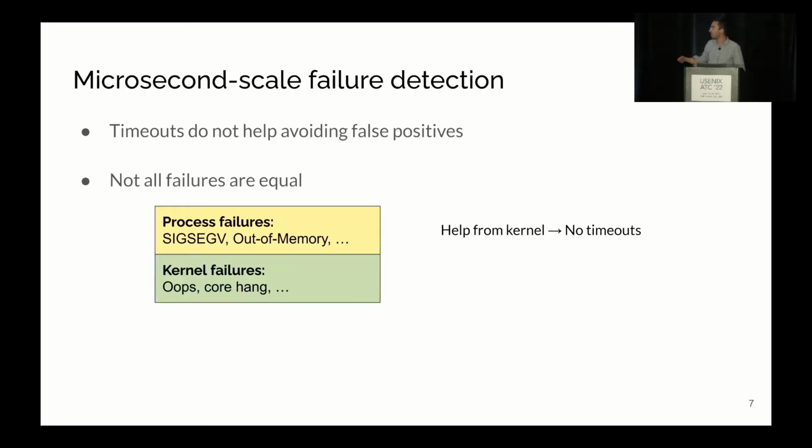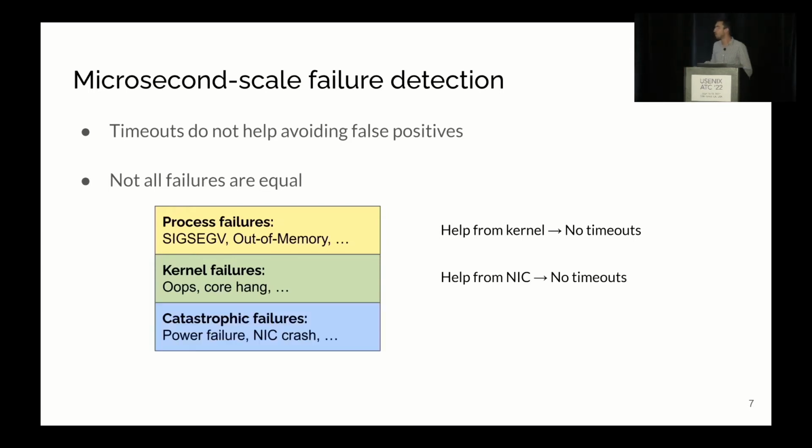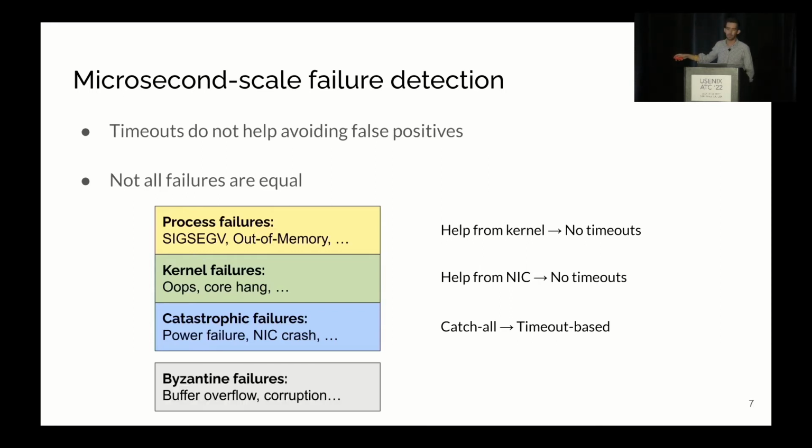When you have kernel failures, well, you can get help from the RDMA NIC, and again, not use timeouts. Sure, when you cannot communicate with the machine at all, for instance, there's a power failure, then you have to rely on timeouts, but hopefully, because the fabric is fast enough, you can tune the timeouts that you're going to be using for RDMA. There's a kind of failures that we don't deal with, and those are Byzantine failures. They fall out of our scope.